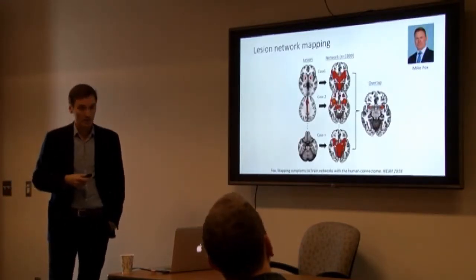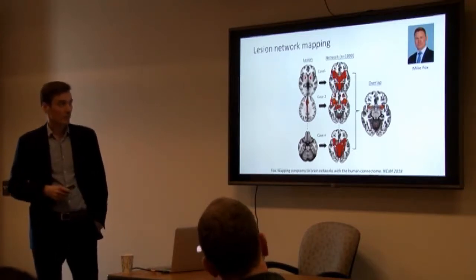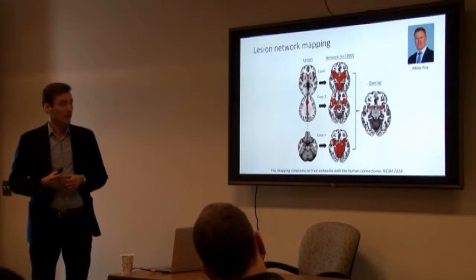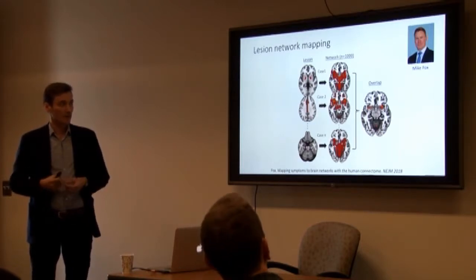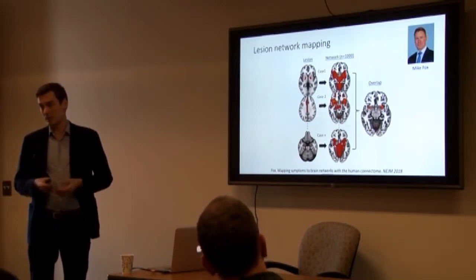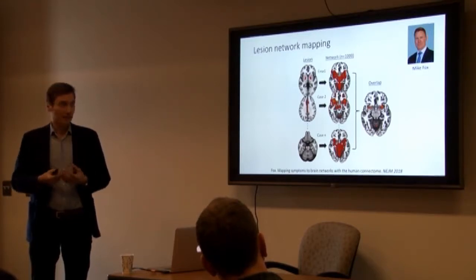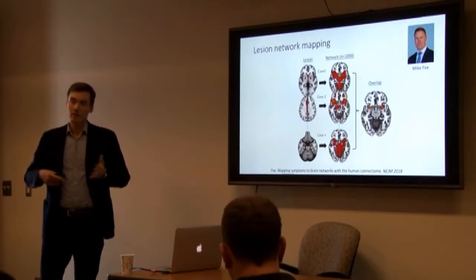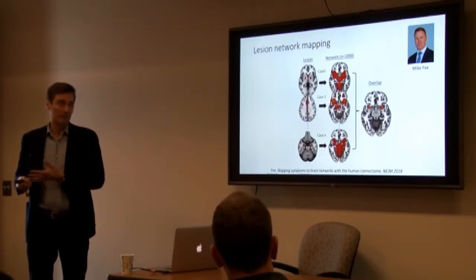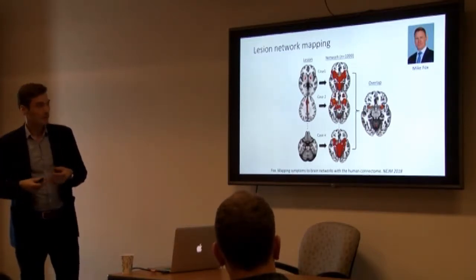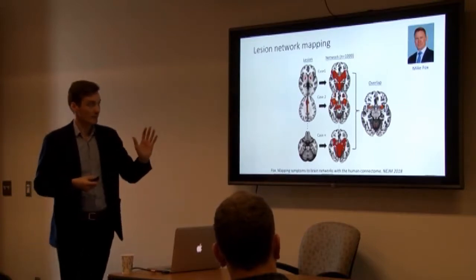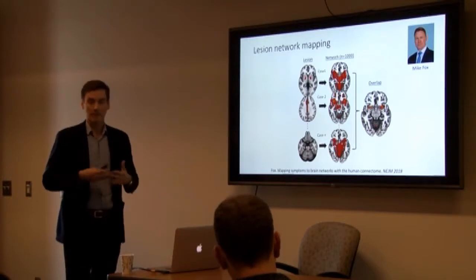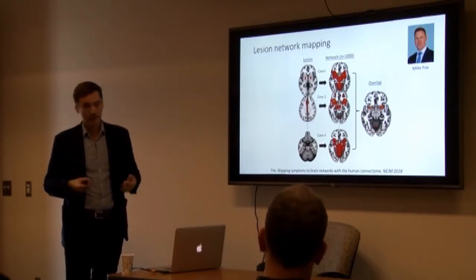What I did in Boston, I was working with Associate Professor Mike Fox, who developed a technique termed lesion network mapping. In this technique, we combine information from causal lesions with connectivity fMRI. The technique proceeds in a few steps. First, we collect lesions that cause, let's say, Parkinsonism.